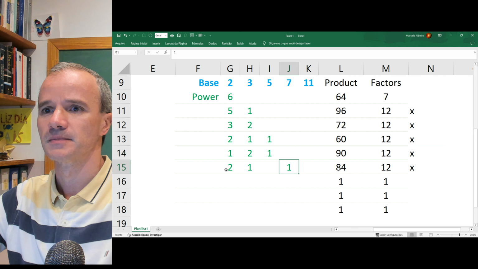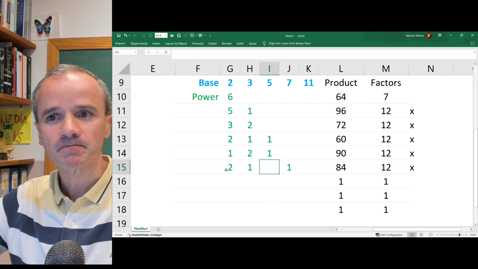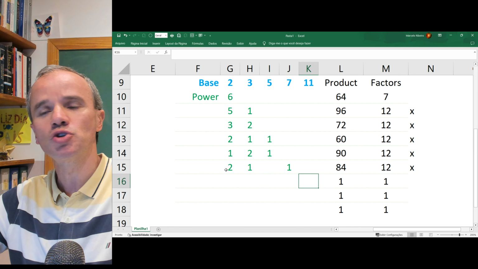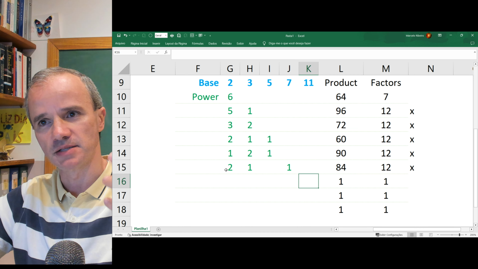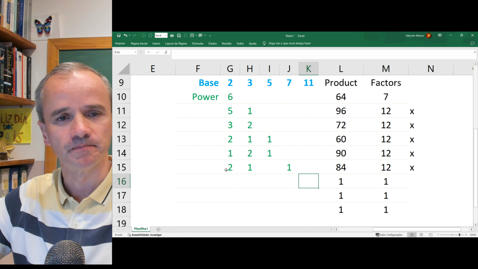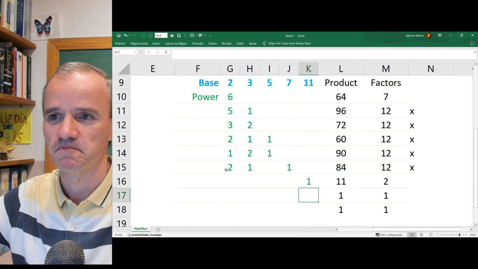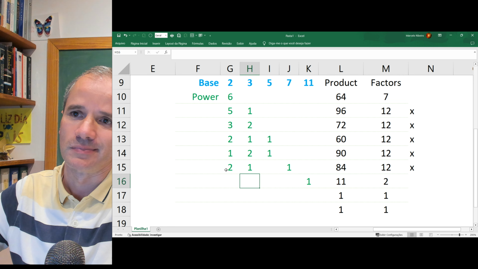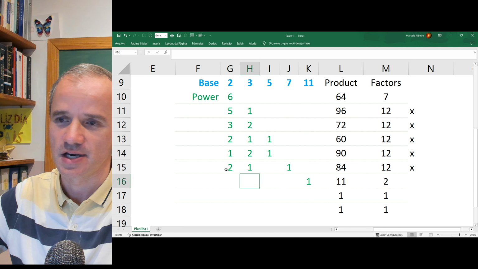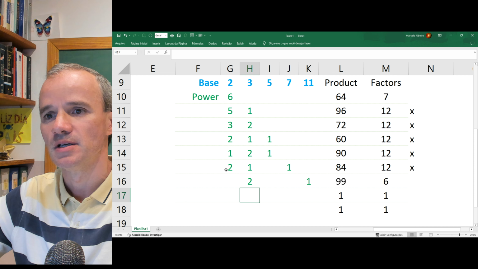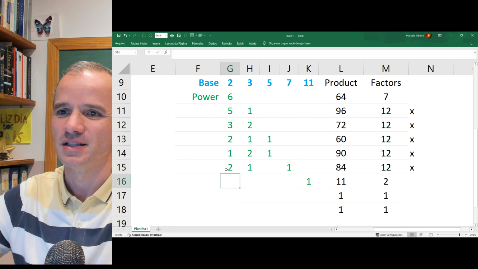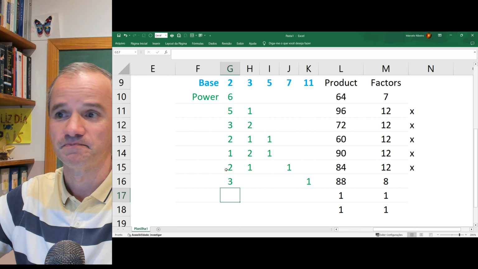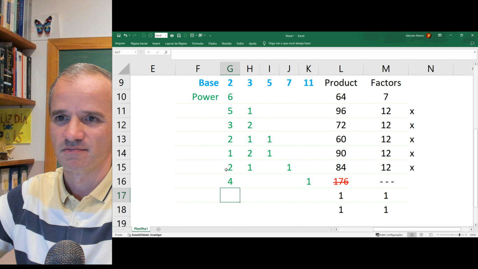Okay. Now, is there anything I can do now? I would like to bring the base 11, right? This prime into our prime factorization. Well, I cannot put anything here, anything there. Maybe 3 squared. Yeah, but 6 factors, not interesting. And what happens if I do it here? Okay, 8. Nah.